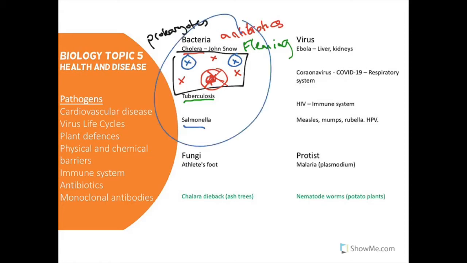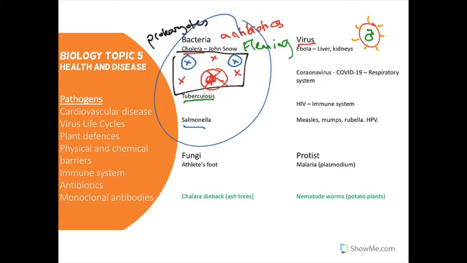The next one is viruses. Viruses are not really living things, and they don't reproduce by themselves. They need other living things to allow them to reproduce. We'll talk about the structure of viruses slightly later in the video, but these are a list of different viruses and their target organs.